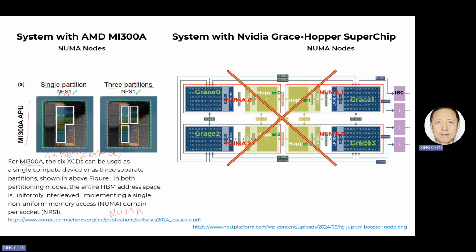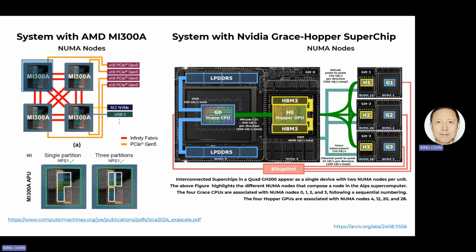For the Grace Hopper, for the Nvidia part, let's have a look at what's the correct definition of the NUMA domain. As I have said, the NUMA domain definition comes from the memory, is based on memory and only on the memory. So in that case, this is a Grace Hopper superchip.